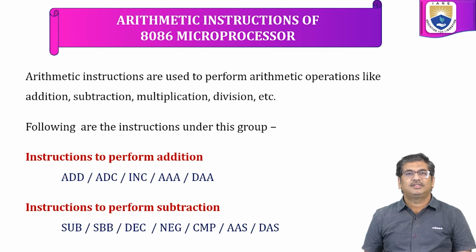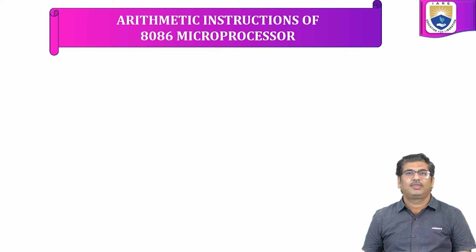After that, we will discuss the instructions to perform subtraction: SUB subtraction, SBB subtraction with borrow, DEC decrement, negate NEG, compare CMP, ASCII Adjust after subtraction AAS, decimal adjust after subtraction DAS.